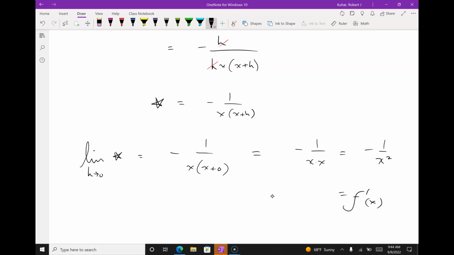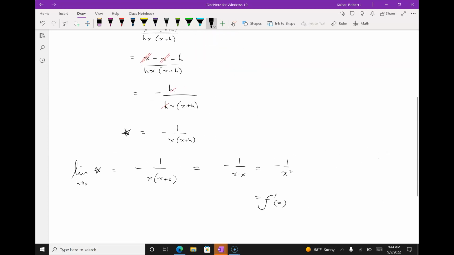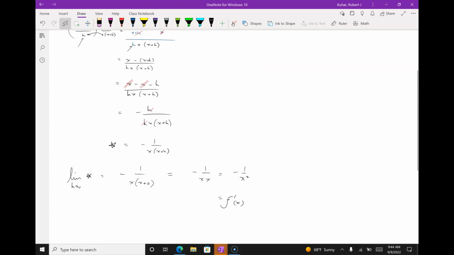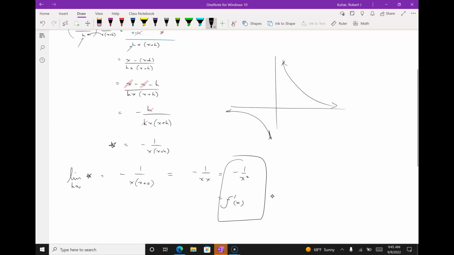How we doing? Yes, question. Sheila. So what is the answer? Yes, so this is giving me the slope of the tangent on 1 over x at any x value I want, except for 0, of course, right? Look at my function here, 1 over x. It doesn't exist at 0.